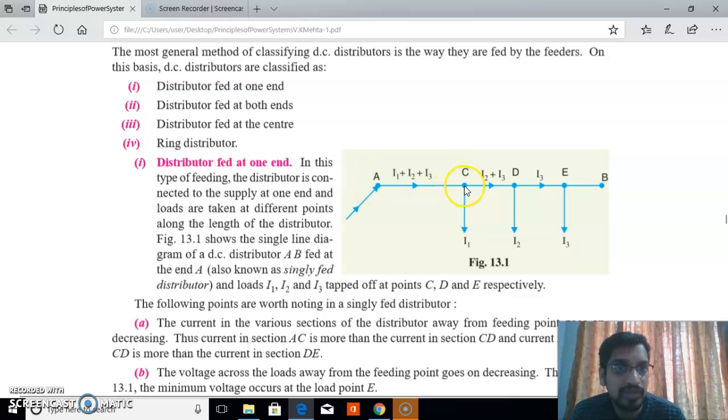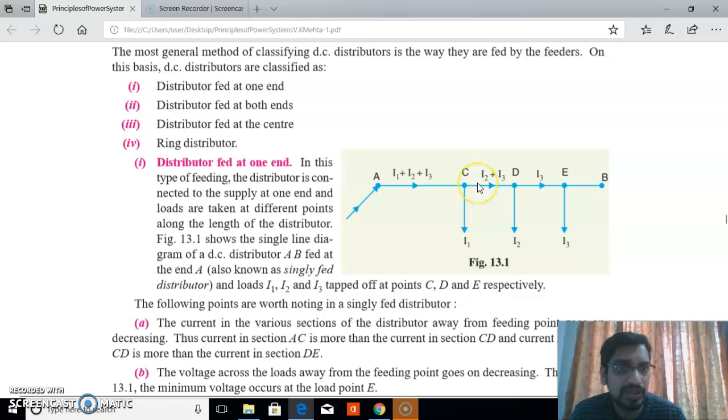Why? Because VC equals voltage at A minus voltage drop across AC. Some voltage drop occurs along the length AC, so we subtract that voltage drop and get the voltage at C. I repeat, the voltage at C equals voltage at A minus voltage drop over the section AC.